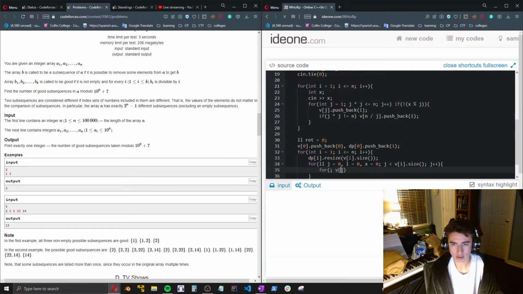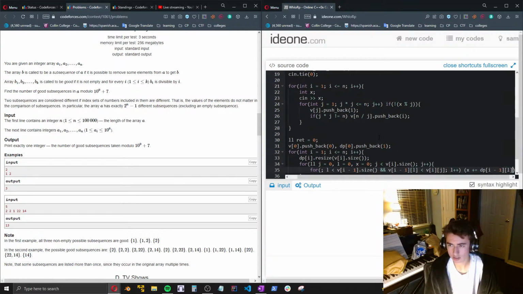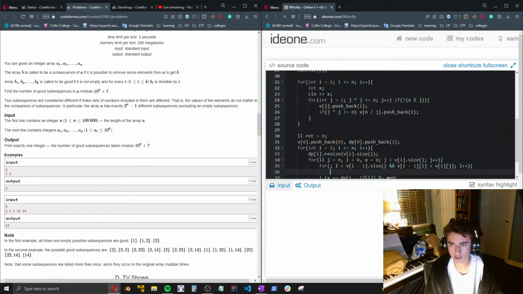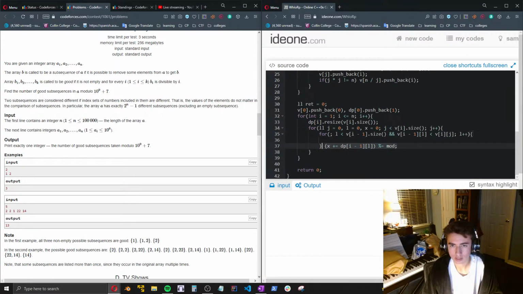L is less than b of I minus 1, and b of I minus 1 L is less than b of I j, L plus plus. And we do x plus equals dp of I minus 1 L. So here you can see that I'm doing the 2-pointer thing to get the sum of the values less than it. And now we say dp of I j is equal to x.